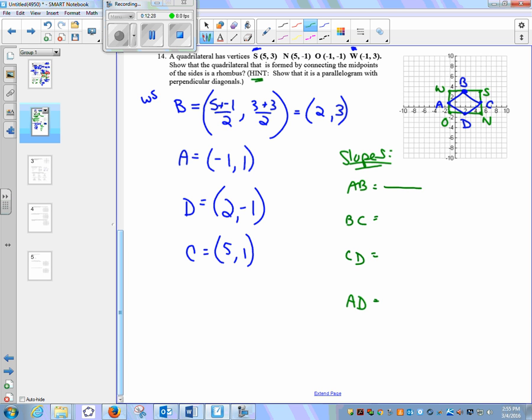So the slope of AB is 3 minus 1 over 2 minus a negative 1, which is 2 over 3. Slope of BC is 3 minus 1 over 2 minus 5, which is 2 over negative 3.